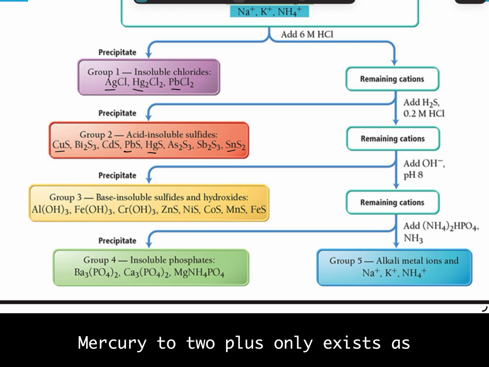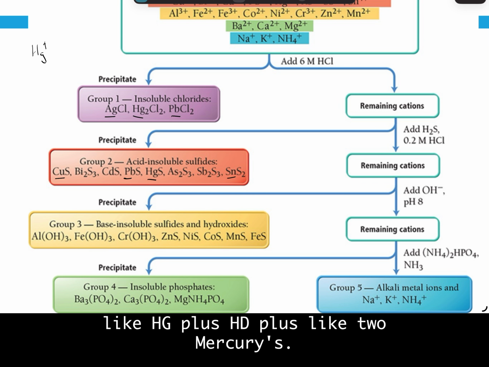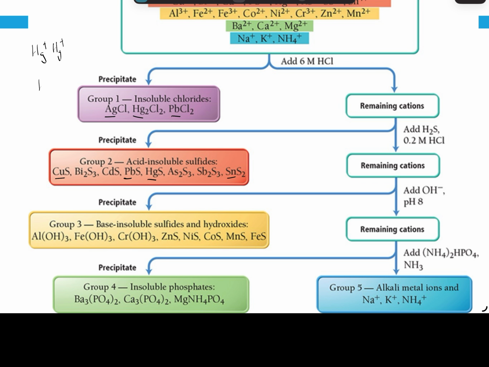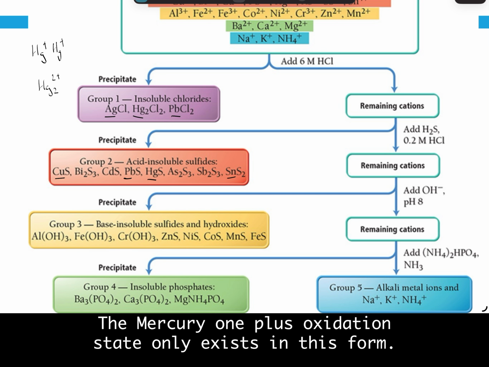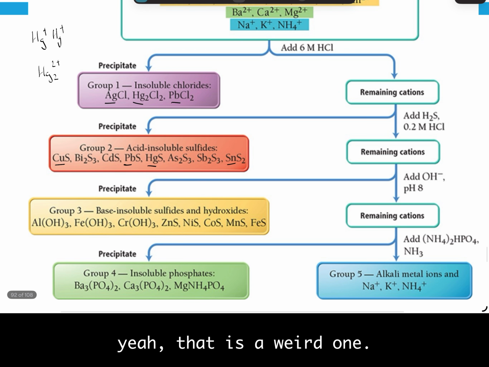Yeah, mercury 1 plus only exists as Hg2 2+, like 2 mercuries bonded together. So that's why it's written as mercury 2 plus. Sorry, the mercury 1 plus oxidation state only exists in this form. Yeah, that is a weird one.